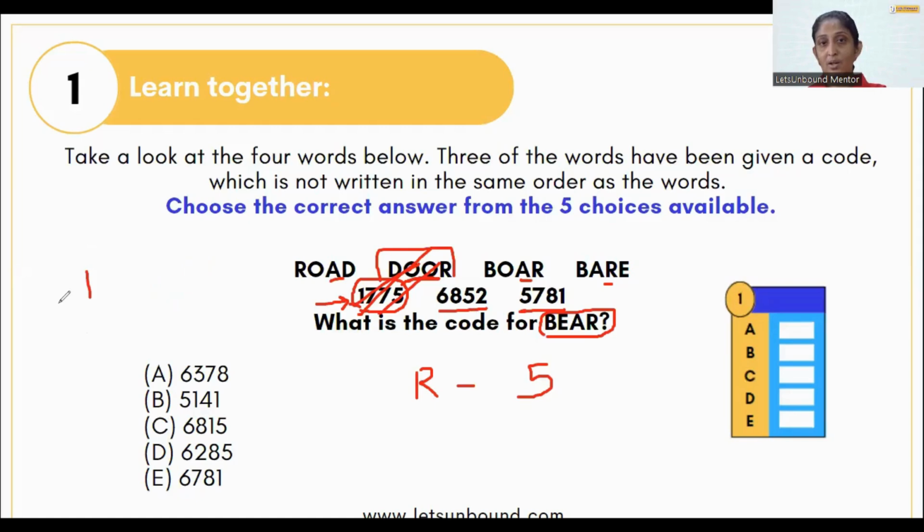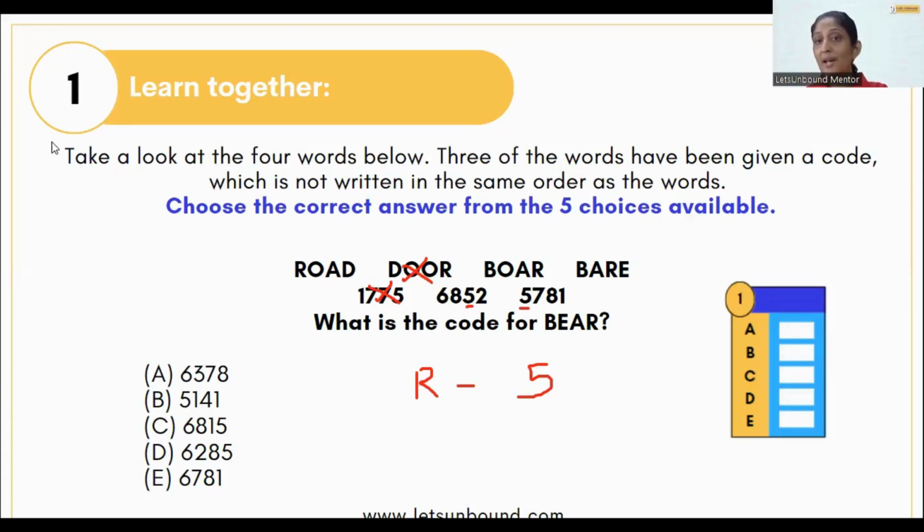Alright, so what is the next thing now that we have to do here? Here, as we see, right, this is cancelled, this is cancelled. And we know that 5 is in the 3rd digit of this number and 5 is in the 1st digit of this number.